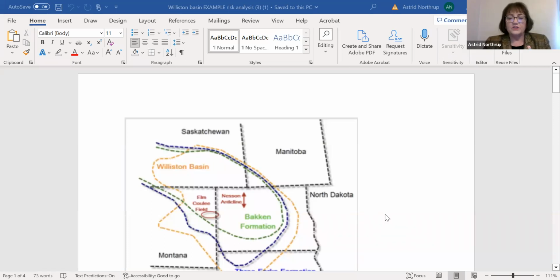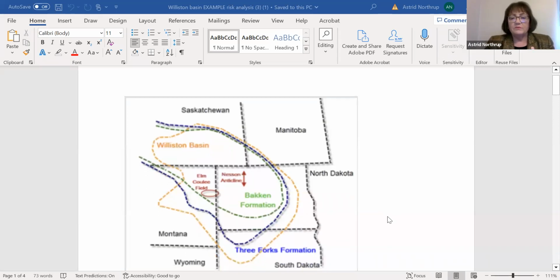All right, so what I've used as an example here, borrowing on those sources that I've shown, just a couple of sources, is an evaluation of a vertical or traditional well drilled in the Williston Basin. This first picture that's on your screen just shows you the extent of the Williston Basin.